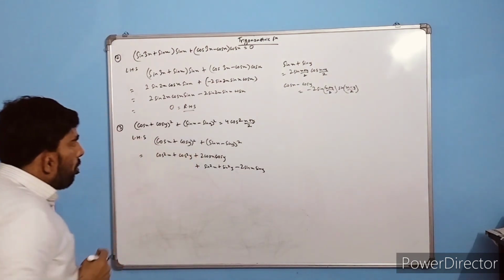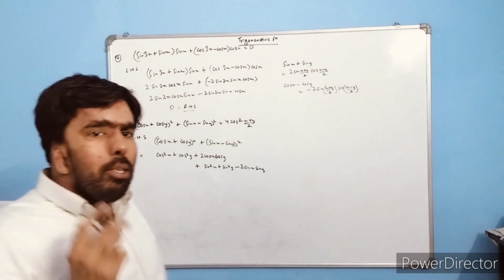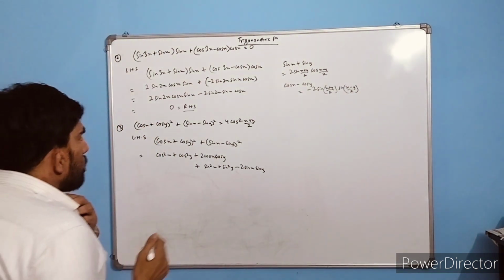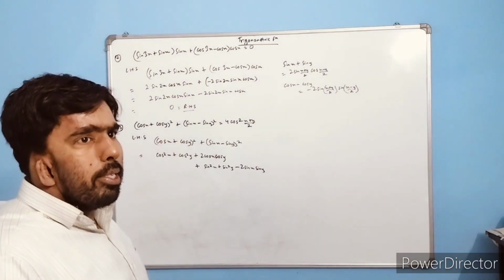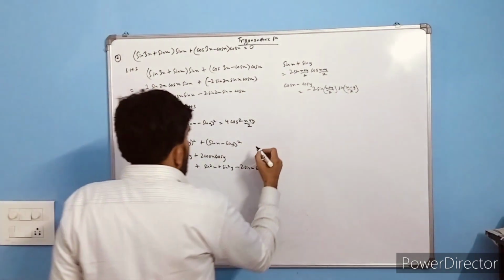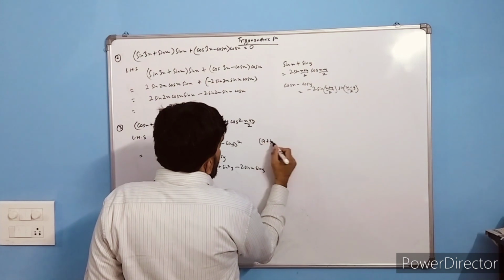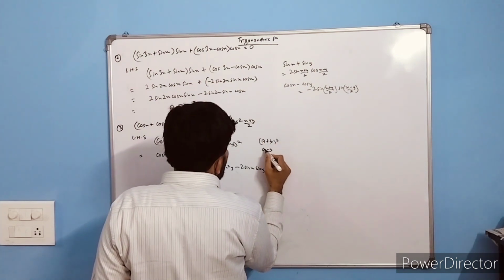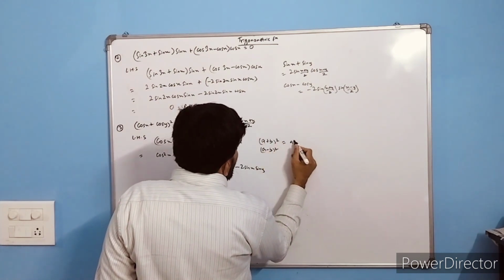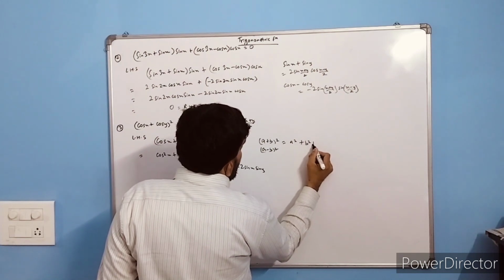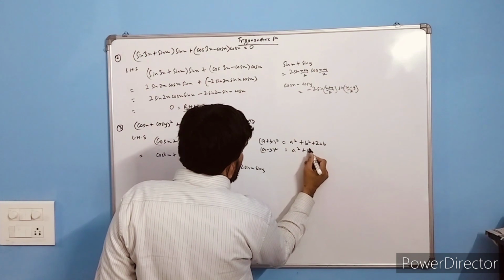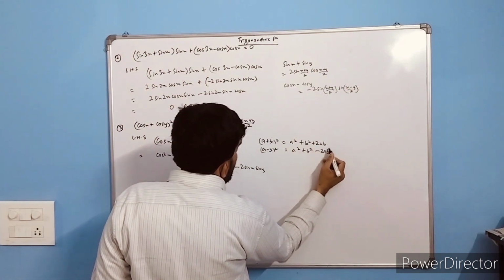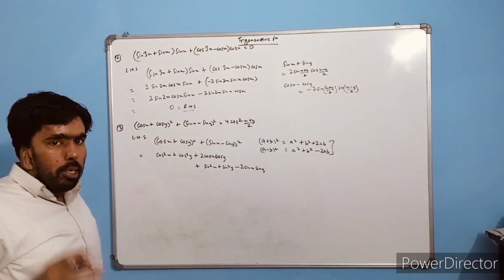Okay, so now I have applied two formulas we studied in 9th class, in the polynomial chapter: (a plus b) whole square is a square plus b square plus 2ab, and (a minus b) whole square is a square plus b square minus 2ab.